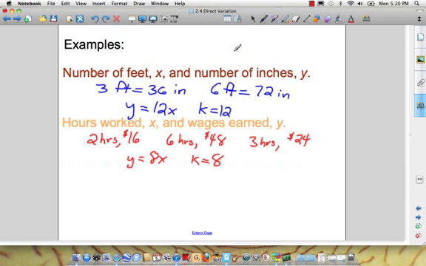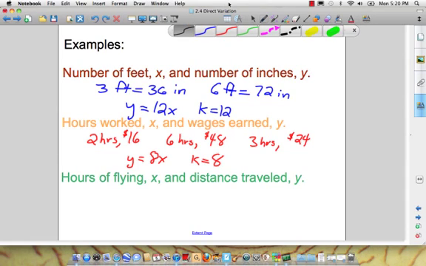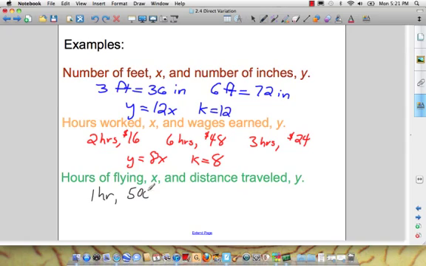Okay, I believe I have one more example here. There it is. Hours of flying and distance traveled. Now, assuming that the airplane is going at a constant speed, maybe 400 miles per hour, then if you travel, say, 1 hour, you're going to go 500 miles.